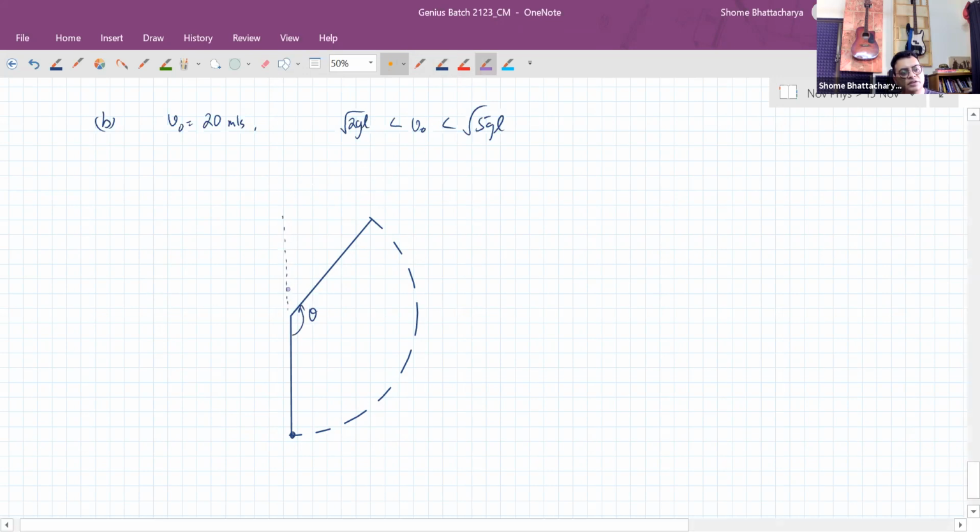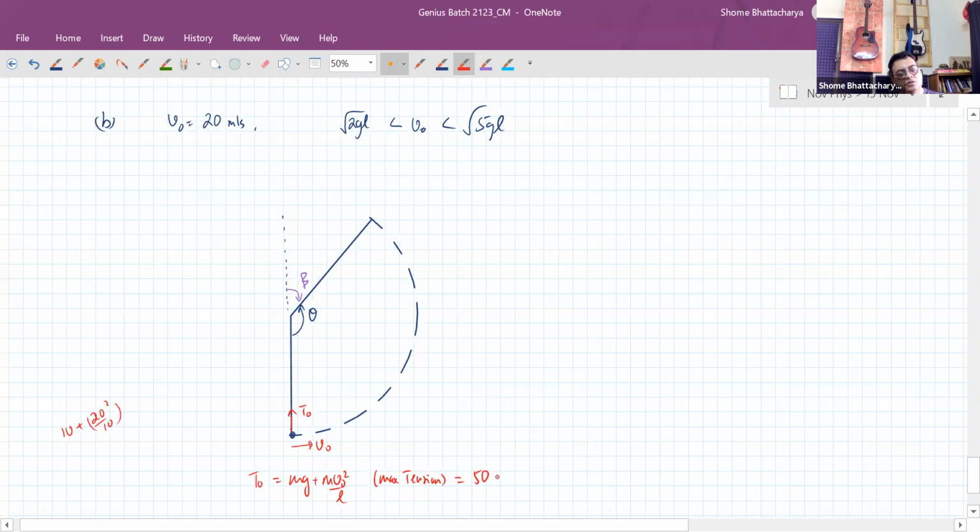So as usual, it's more convenient to take this angle beta and work beta out. At the lowest position, the tension is again the maximum, and that will be equal to here 10 plus 20 square by 10, so 40.